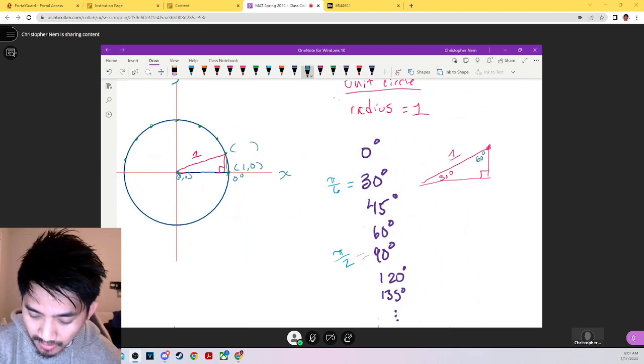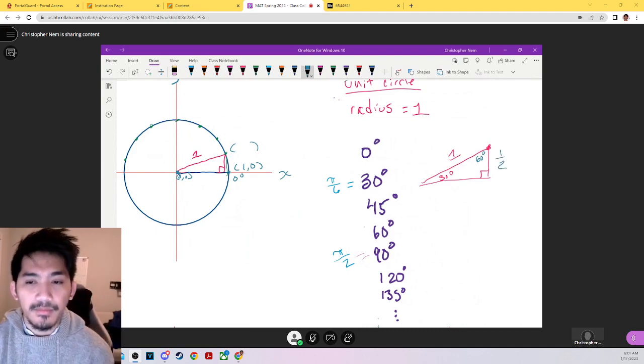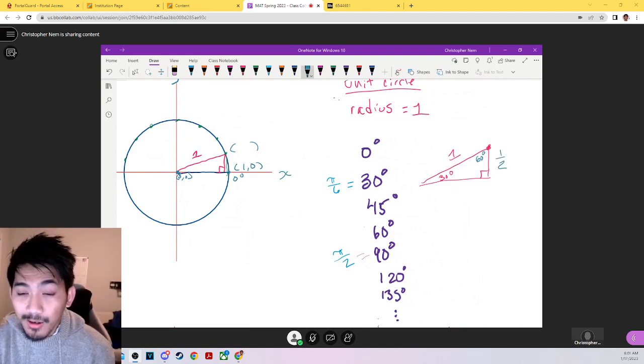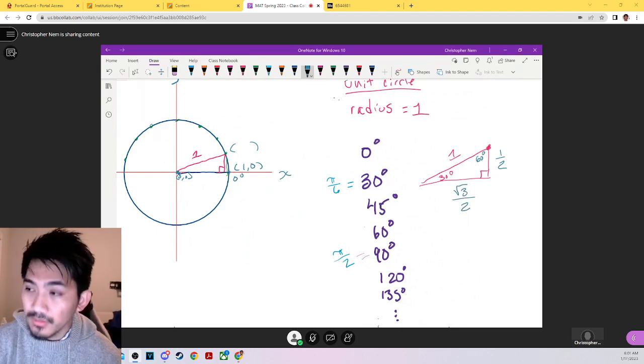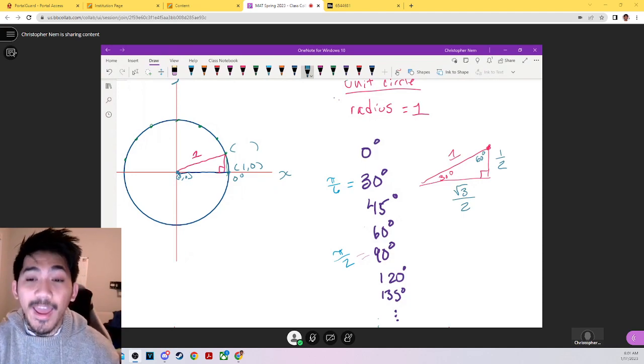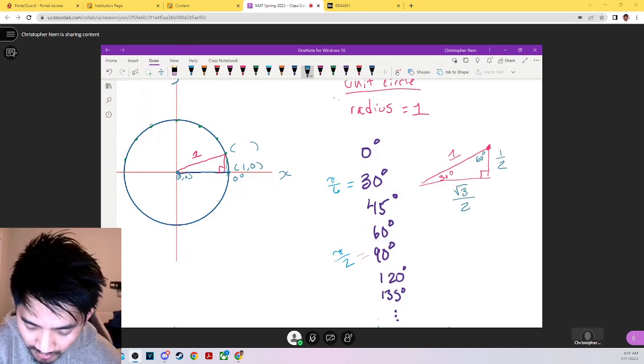The shortest leg is over here, so we're going to divide 1 by 2, which is 1/2. And now your longer leg, the one opposite the 60 degree angle, is always going to be square root 3 times your shortest leg. So we have square root 3 over 2. That's just square root 3 times 1/2. So I should show my work.